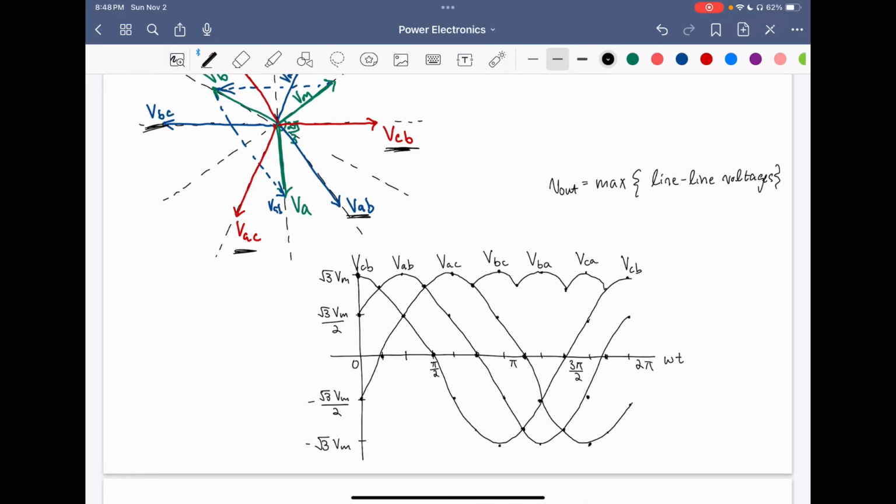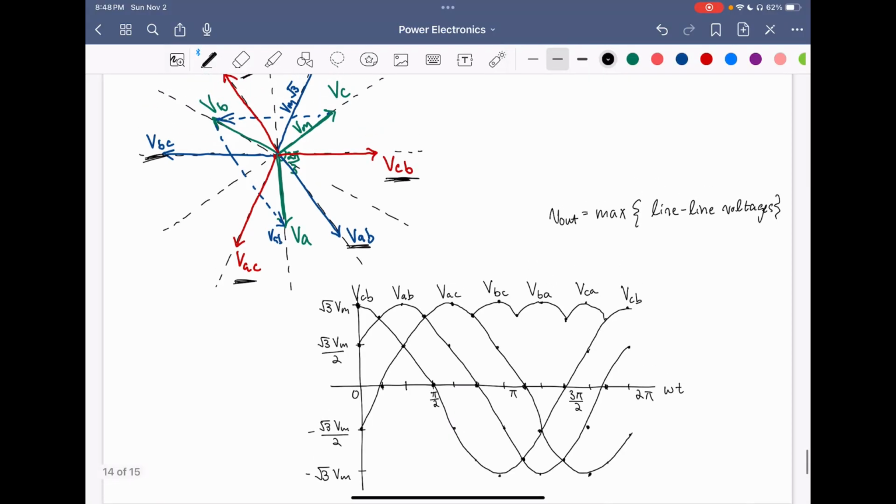So we've figured out the waveforms for our line-to-line voltages. And because the output voltage of the three-phase rectifier is picking out the maximum of the line-to-line voltages, we've found that it's just going to take on the maximum of these peaks.